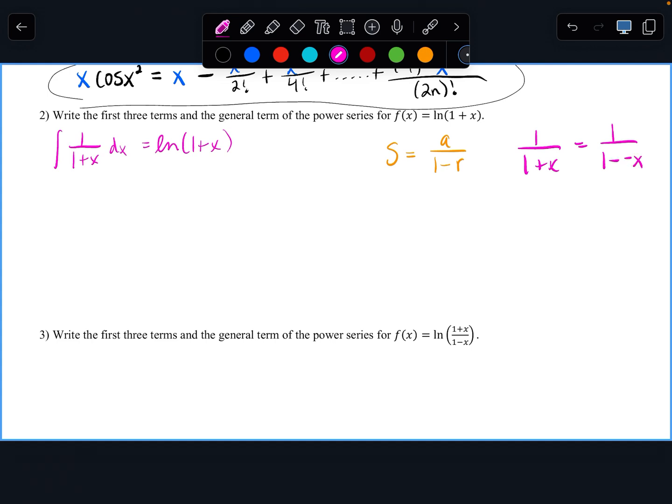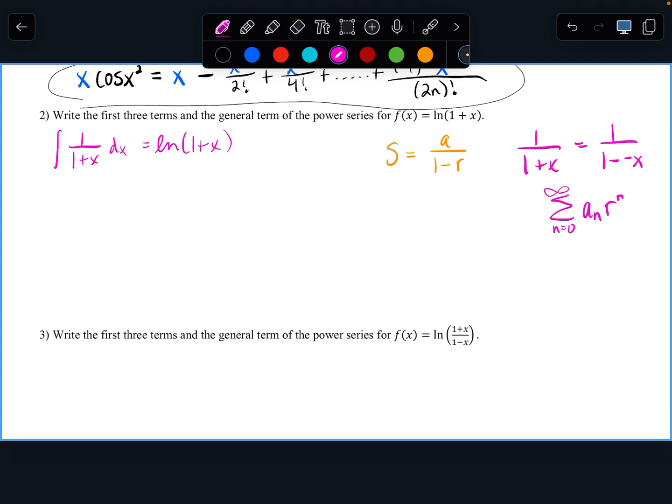Then it looks more like my geometric series. The definition of a geometric, this is the formula for geometric, and you'd just be plugging in a negative x there.